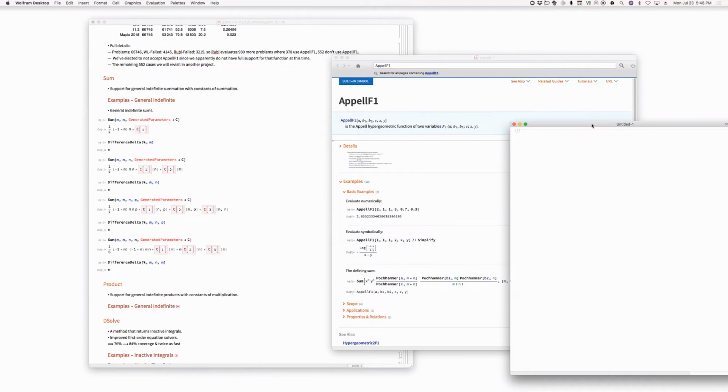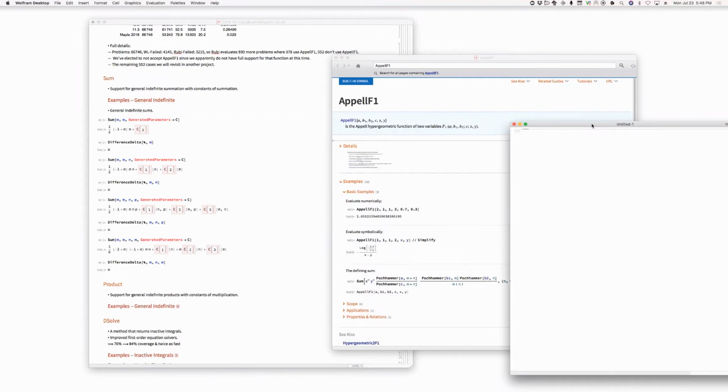Okay, well, let's ask it. I have a question about AppellF1 in general. Are there values where they're simply not known, or is it that we just don't have efficient algorithms for it? I think that we didn't do a full job on Appell. First of all, there are 5 of them, F1 to F5, and we only have 1. These are multivariate, and generally speaking, multivariate special functions are horrible.